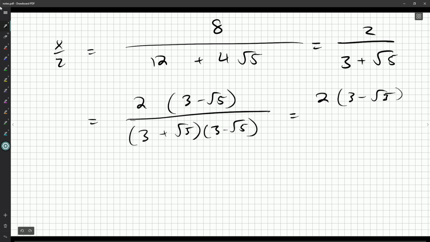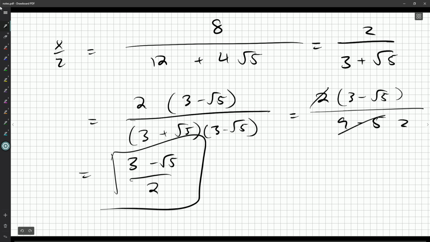I'm not going to combine those because I'm hopefully about to cancel out the 2. And on bottom, 3 squared is 9, minus root 5 squared is 5. So I'll get 2 and 4. That'll leave me with just a 2 here. 3 minus root 5 over 2 as desired.